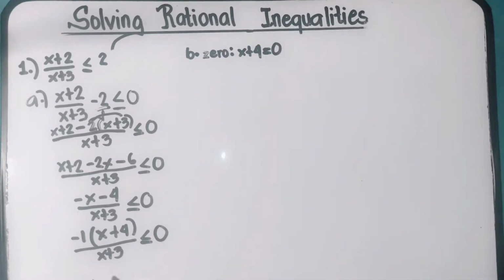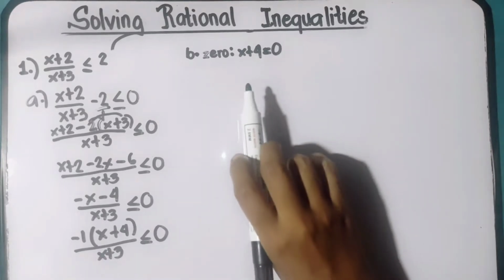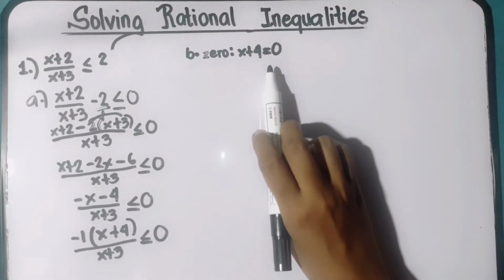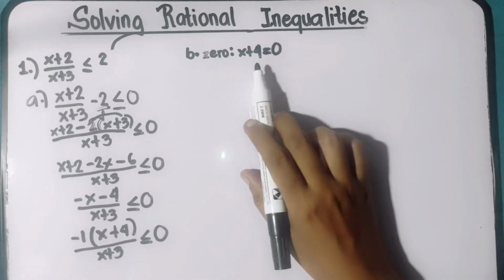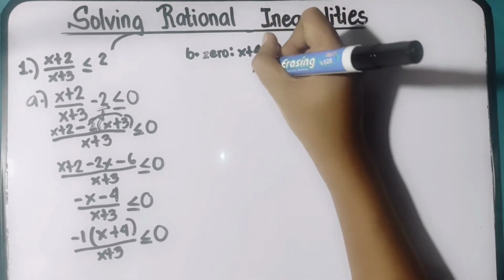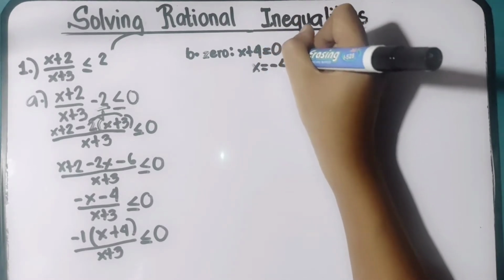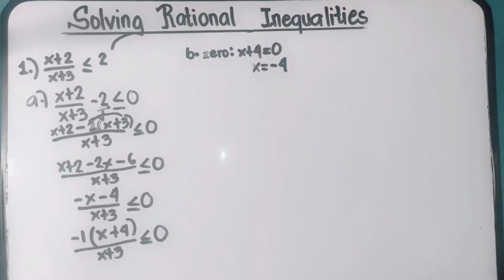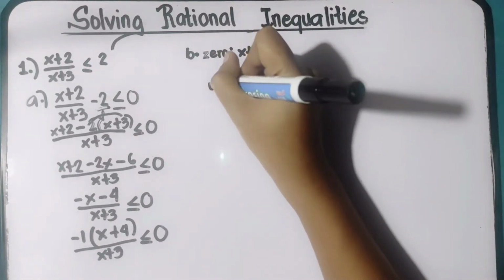We will not include negative 1 because if the expression x + 4 is 0, regardless of what number is being multiplied, that is still equal to 0. x + 4 = 0, transpose 4, it will be changed to negative 4. x = -4.